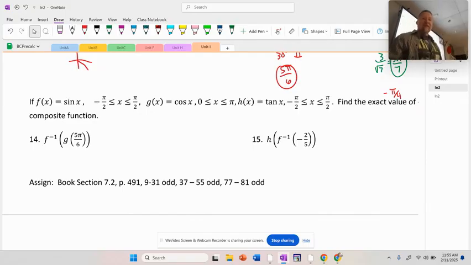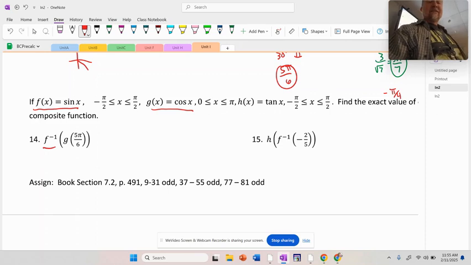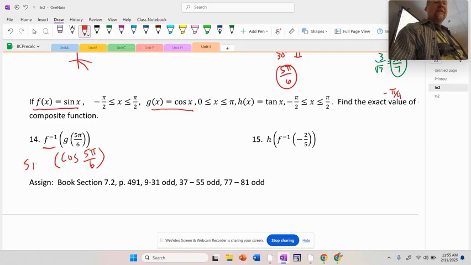So f of x and g of x. If f of x is this, and g of x is this, that means this first, and then this second. So it's really just reading the question, inserting the functions correctly, and then doing what we just did.